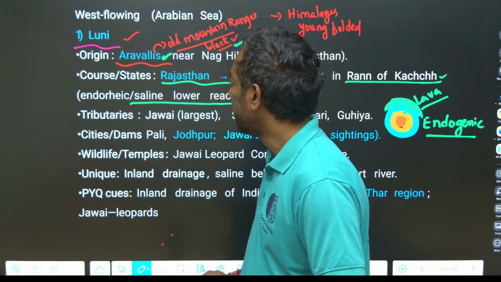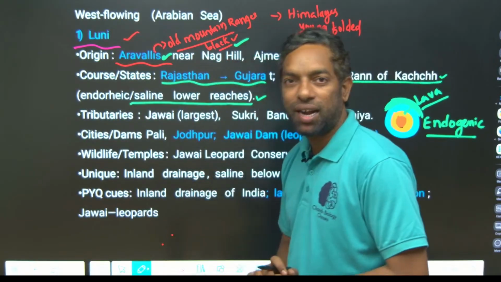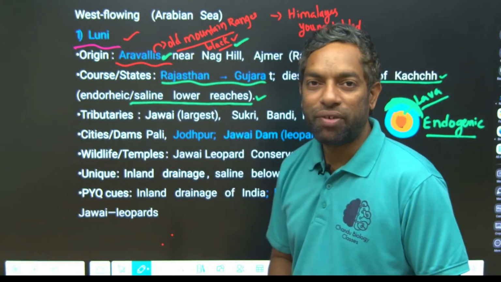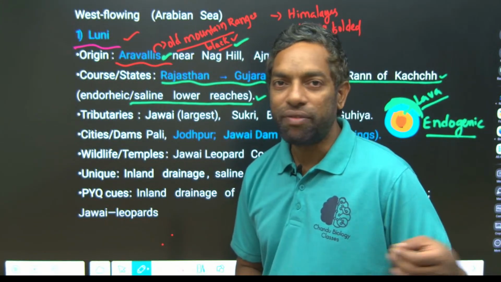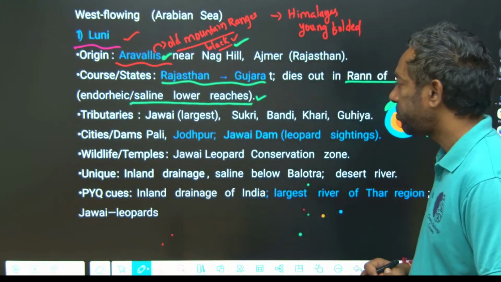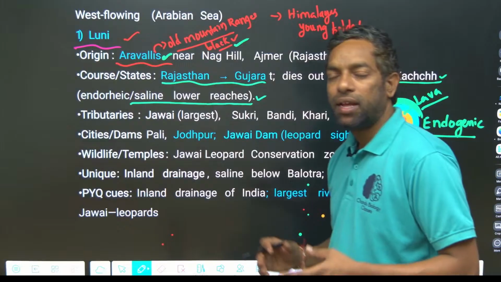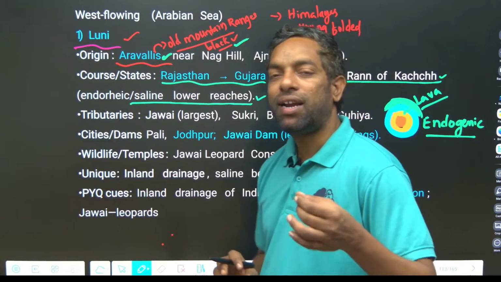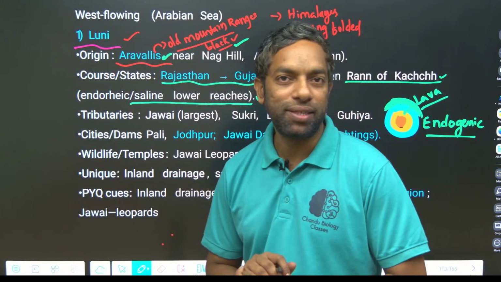Tributaries, they might not ask you. Luni is a small river, they don't ask about small river tributaries. If they want to ask, just look here. The cities the Luni river crosses are also important from the exam point of view.